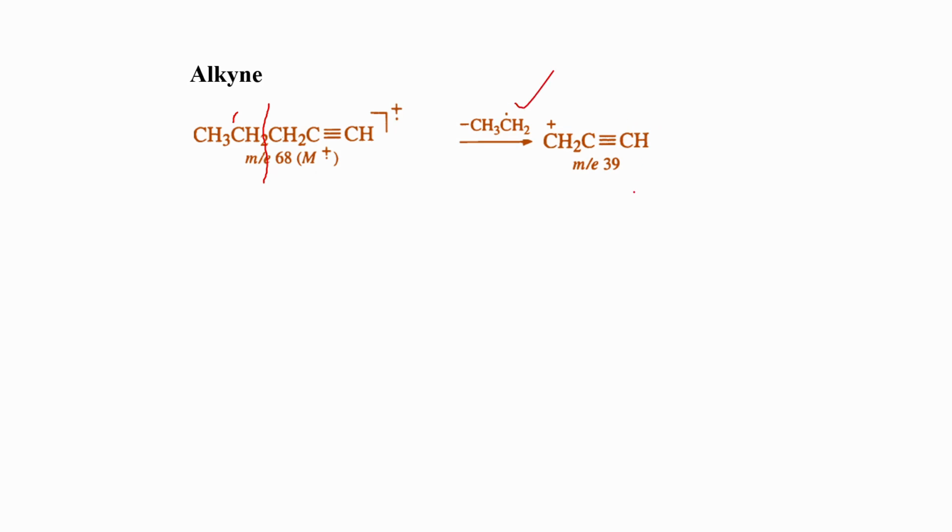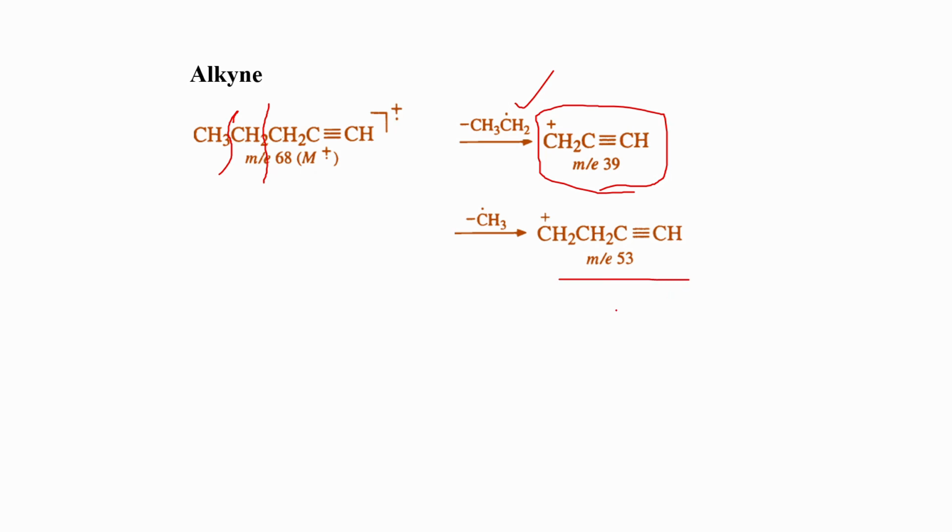For example, we get the propargyl cation with m/e value 39. A more intense peak with the formation of the propargyl cation by beta cleavage takes place prominently in alkynes. If a methyl radical is removed, then we get this cation with m/e value 53.